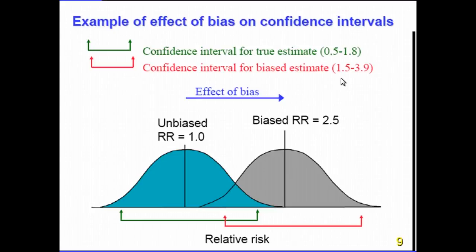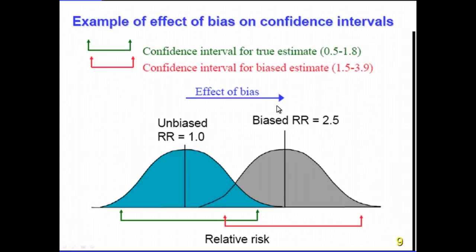So you might say you've got a statistically significant result, and you might think that this result is unlikely to have occurred by chance, and that may be so, but it has occurred because of bias. And as we talked about the correspondence between confidence intervals and p-values, with a confidence interval that excludes the null value, that means the p is less than 0.05, whereas here it would have been greater than 0.05.